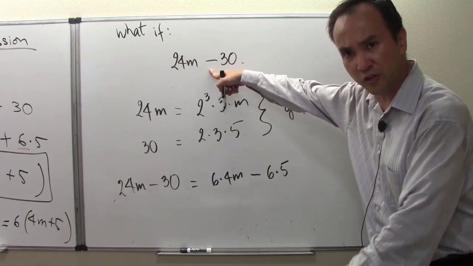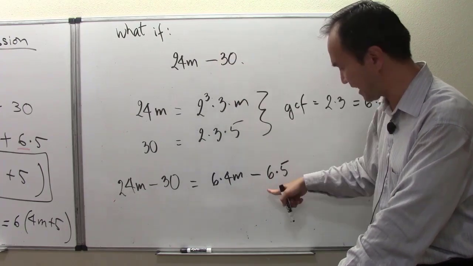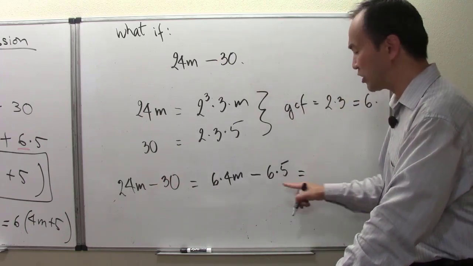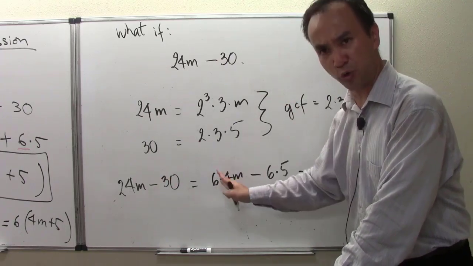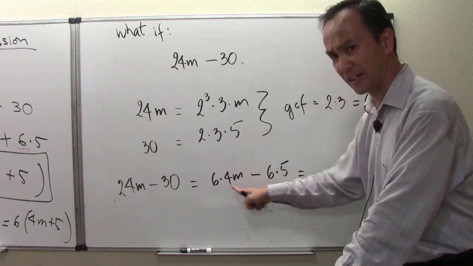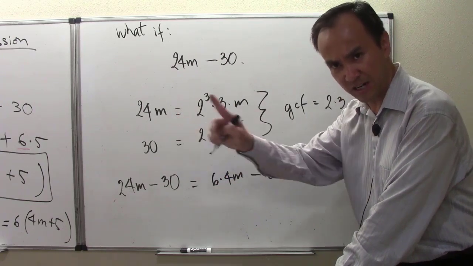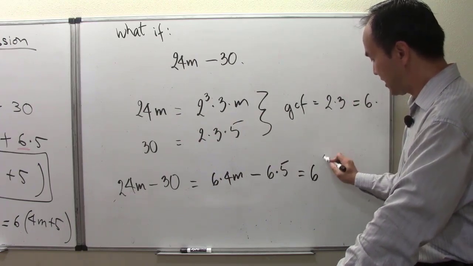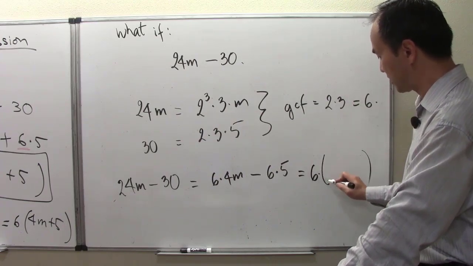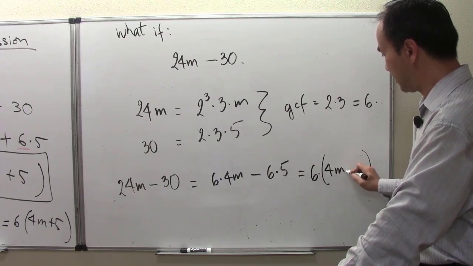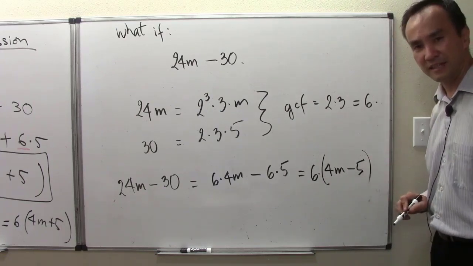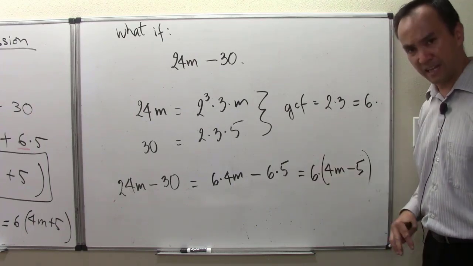The original problem could have been minus, so we put the minus sign here and there. Now the distributive property also holds on subtraction. Here we got a common factor. Yes, it was a GCF, but it's also the common factor ultimately. So now you can put it as 6 in parentheses, 6 multiplied with the entire 4m minus 5. All right, and that's how a problem like that can be done.